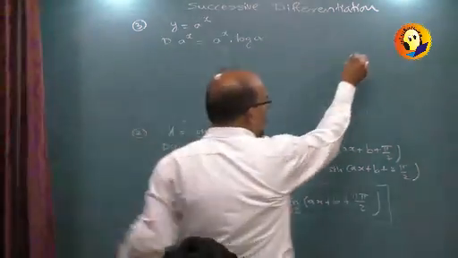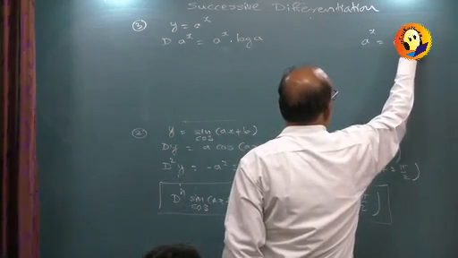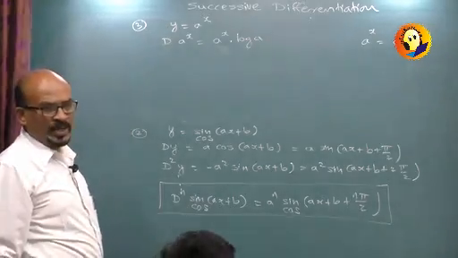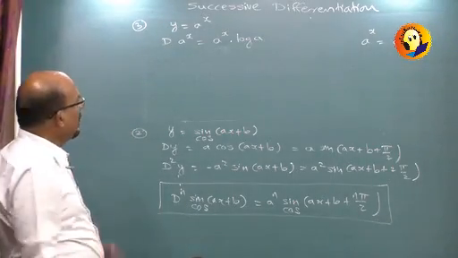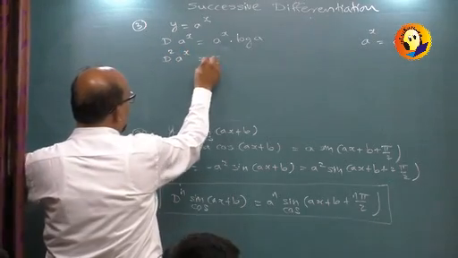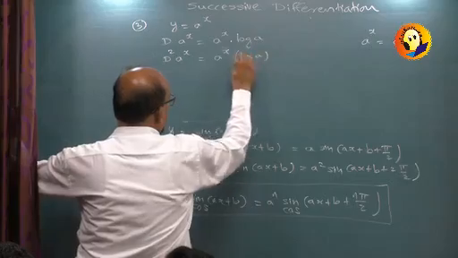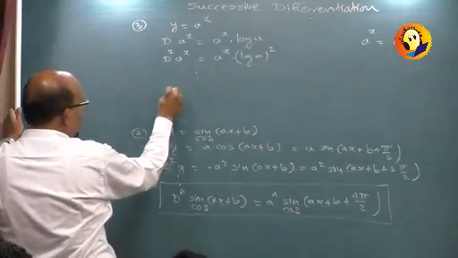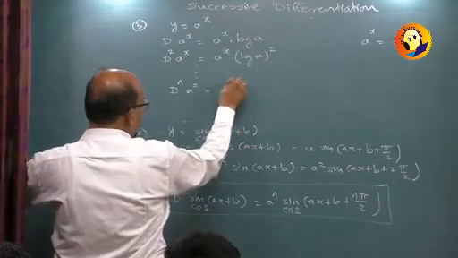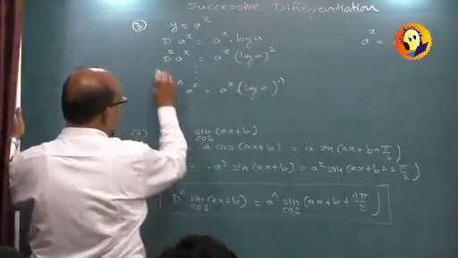Actually a raised to x we interpret as e raised to x log a, so it will be the same formula as e raised to x. You differentiate it once again: the second derivative of a raised to x will be a raised to x into log a whole square. Like that, nth derivative of a raised to x is a raised to x into log a raised to n.